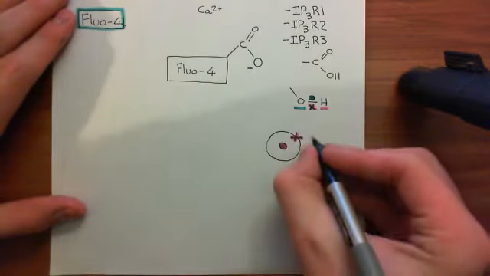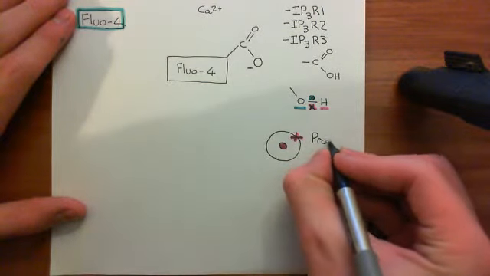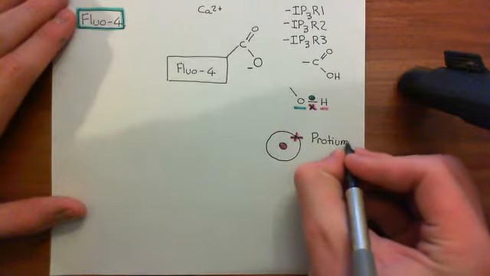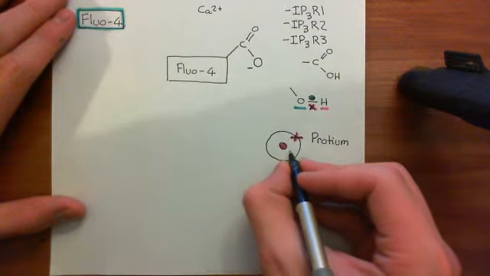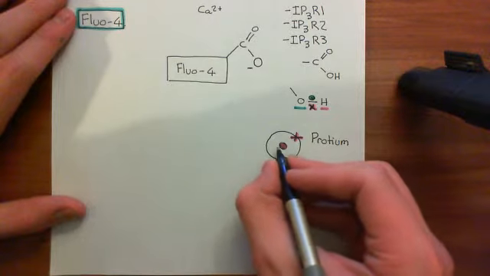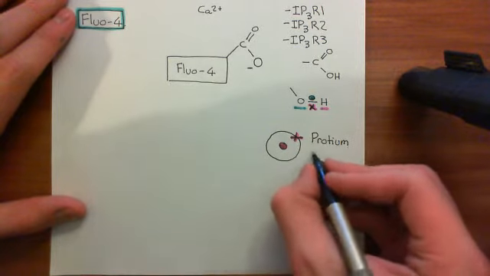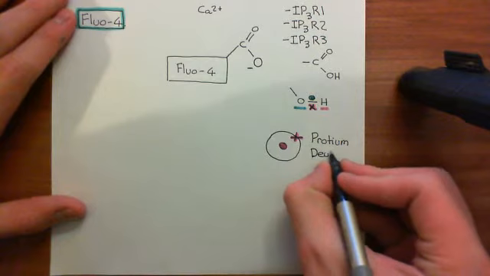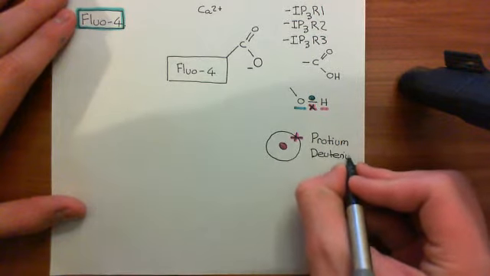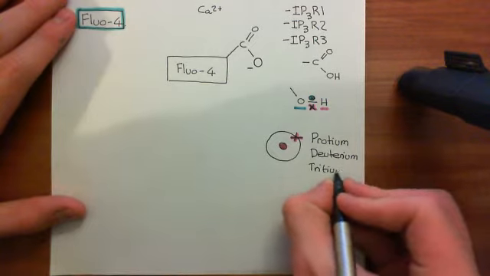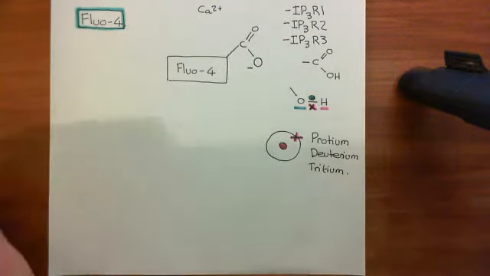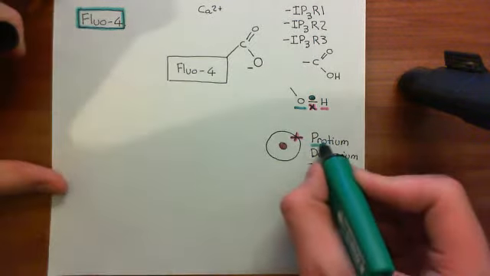Okay, this is the most common isotope of hydrogen, known as protium, in which you have no neutrons within the nucleus. Okay, but there are other isotopes where you do have neutrons within the nucleus. So, for instance, deuterium has a single neutron in the nucleus, and then tritium has two neutrons in the nucleus. But the main isotope of hydrogen is protium. This is the most common.